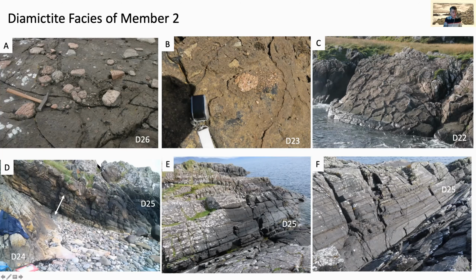In D, we see a siltstone interface between two diamictite units, in this case D24 and D25. It's just a very thin intercalation of siltstones and sandstones between those two diamictites. In E, we see the stratified diamictite D25 on Holy Island, and a close-up of that is shown again in F. And this passes up into laminated mudstones with dropstones.